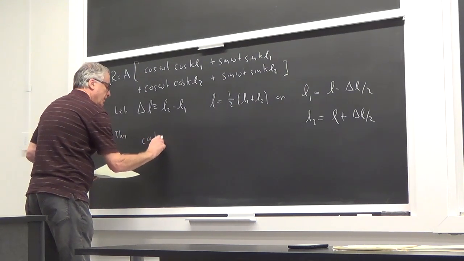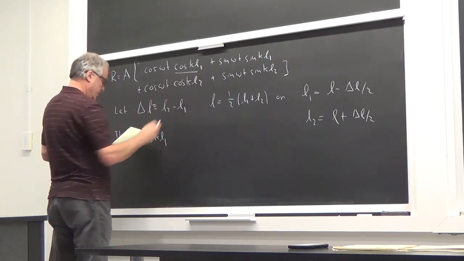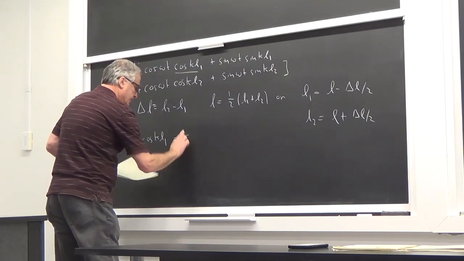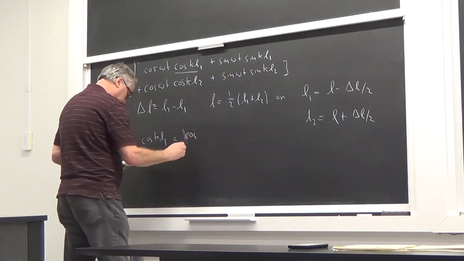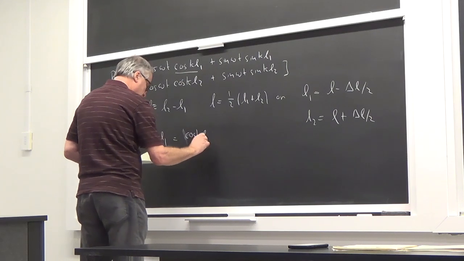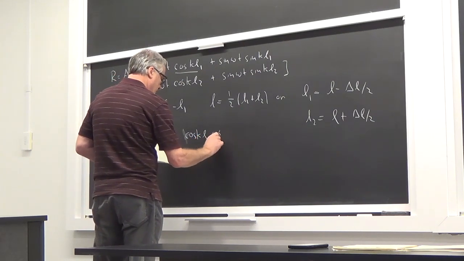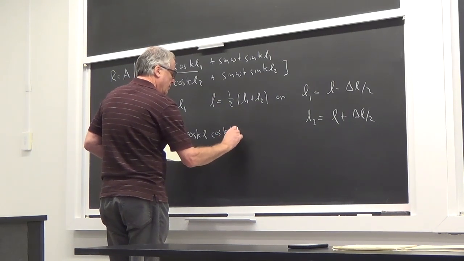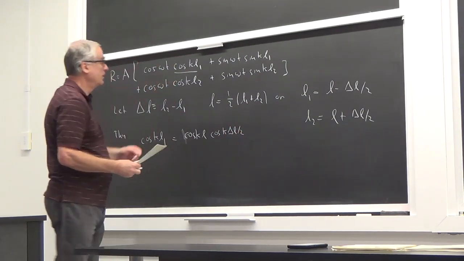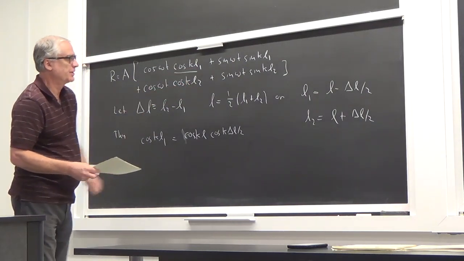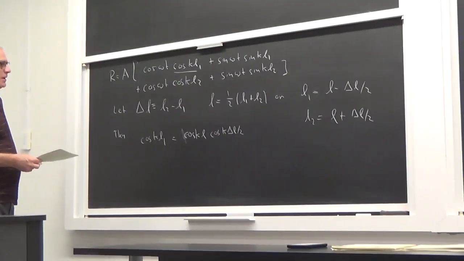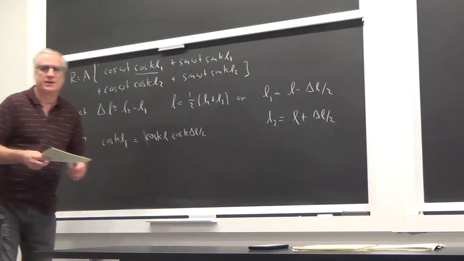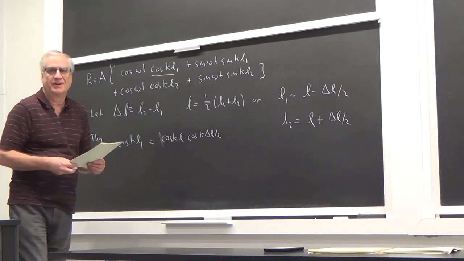Cosine KL1, so just concentrate on this term, is going to give a cosine KL times a cosine of K delta L over 2, expressing that as L minus delta L over 2, cosine over here with the sign. Is everything okay? Yeah.